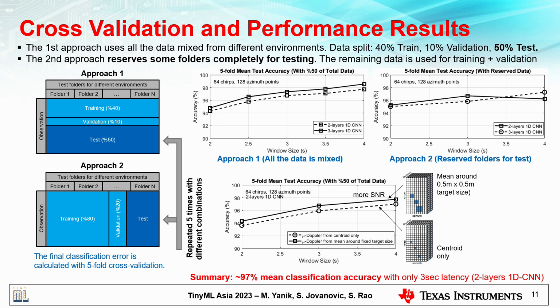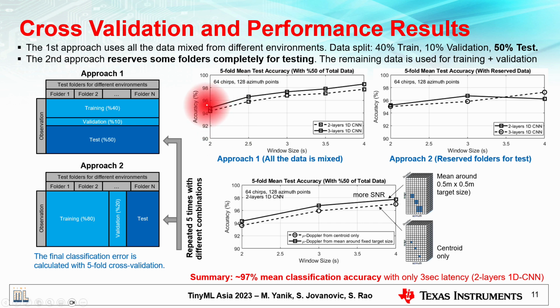To understand the performance, we needed to make this model as robust as possible, so we tried different options. Once we captured this whole amount of data, in the first approach we reserved 50% of the data for testing, and for a 2 second window size, we could achieve around 94% accuracy.